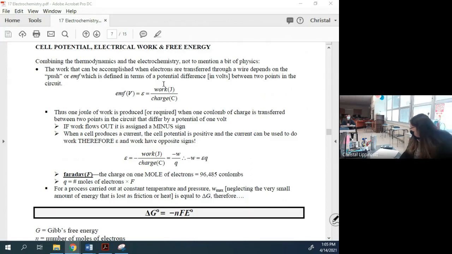So when you look at that, you're going to be working with some ideas. This is called electromotive force. We measure that in volts, and they give it this weird little E symbol here for electromotive force. It's going to equal work over charge.